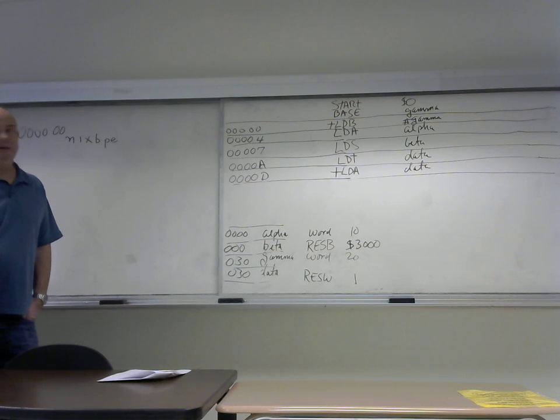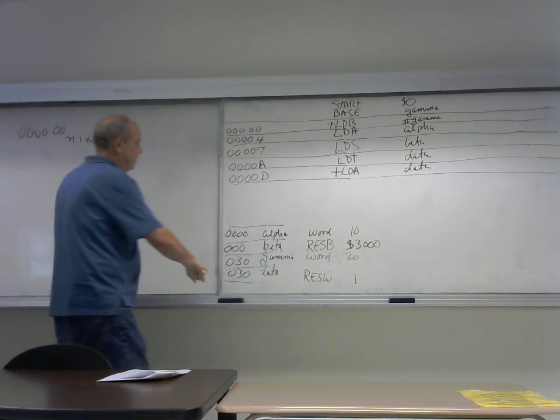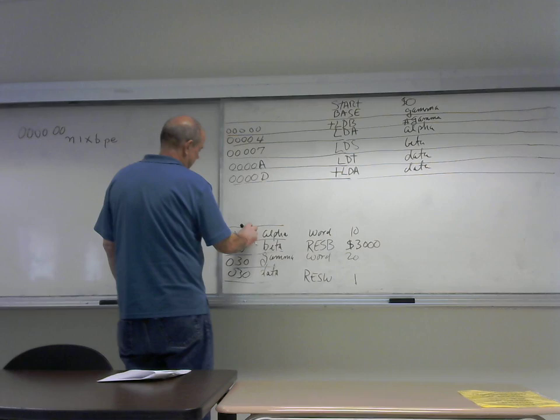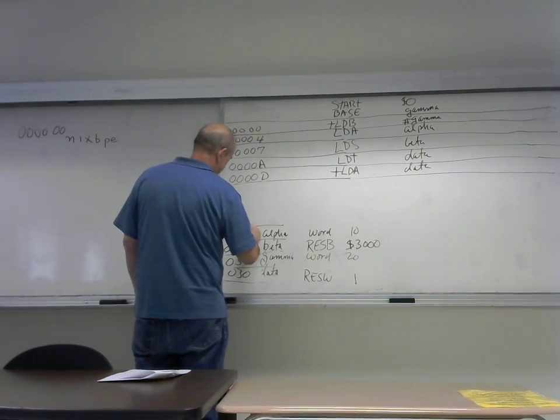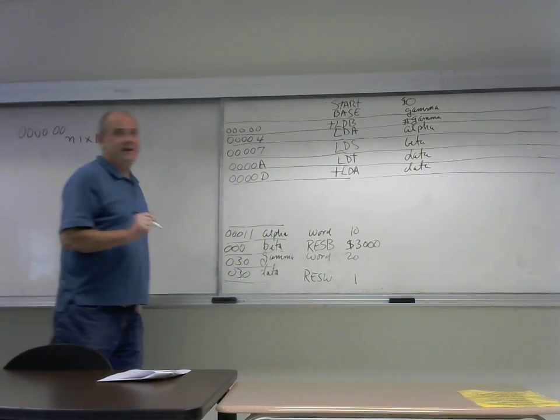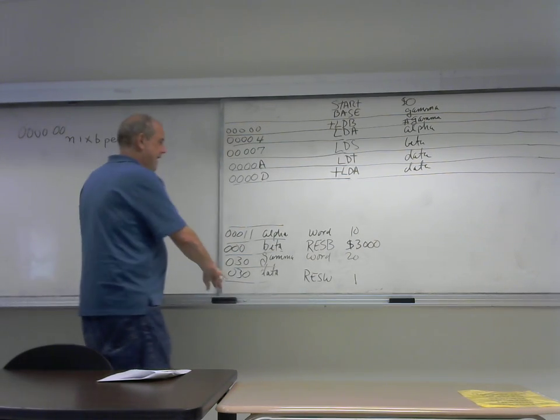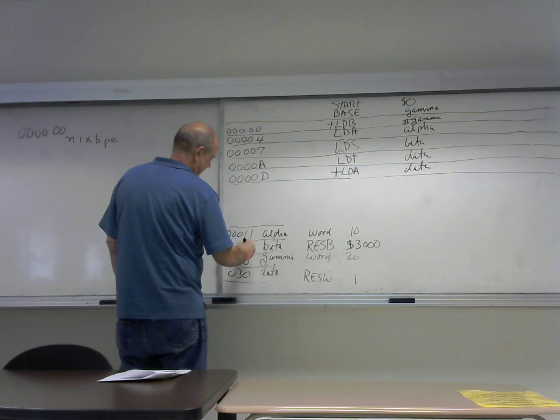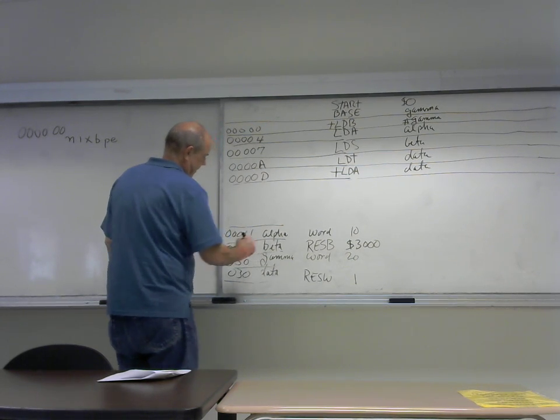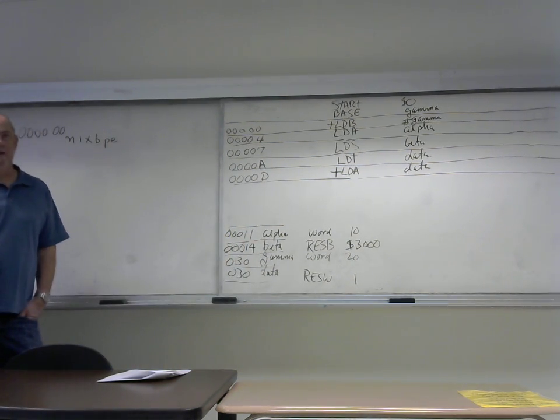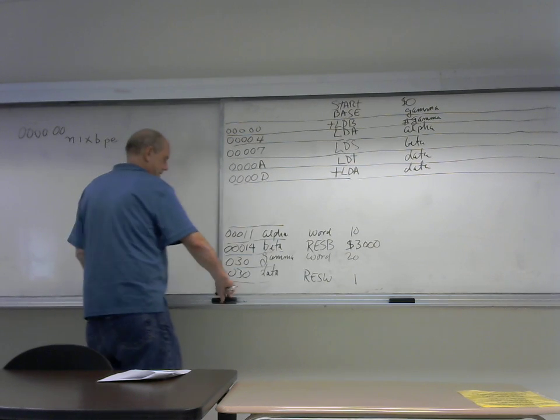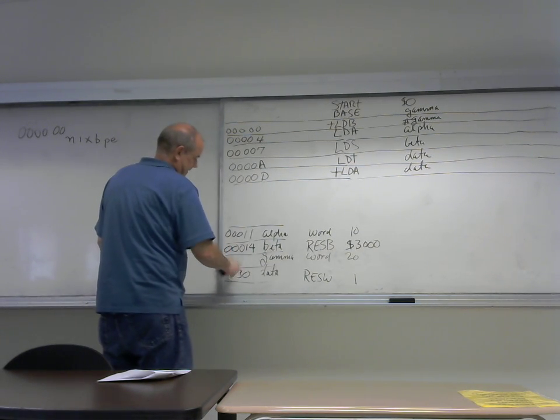And now alpha, 11. 13 and 4 is 17. That's 17, everybody knows that, right? Okay. And the next one? 1, 4. And the next one? 3, 0, 1, 4.